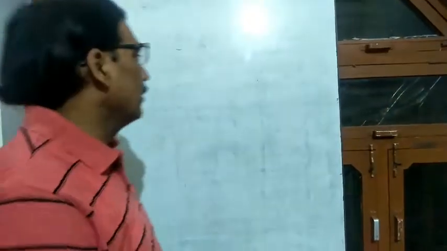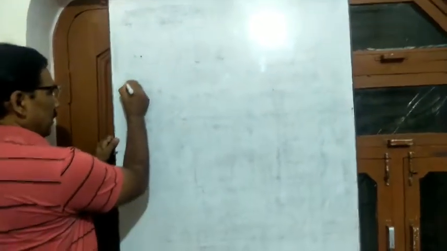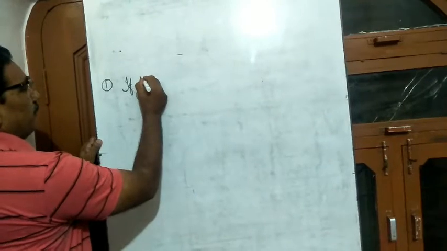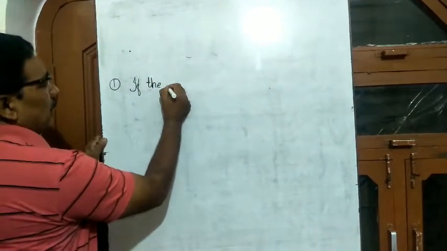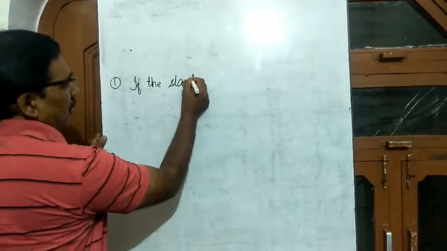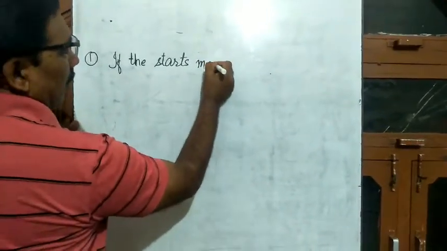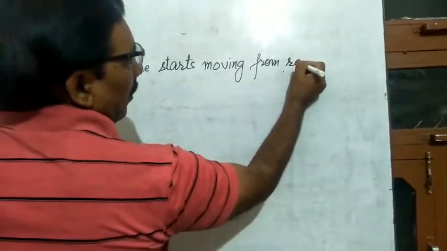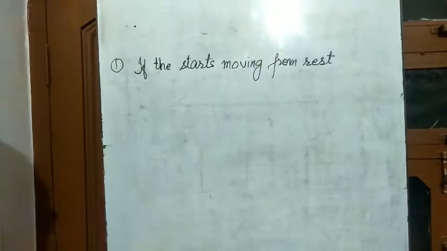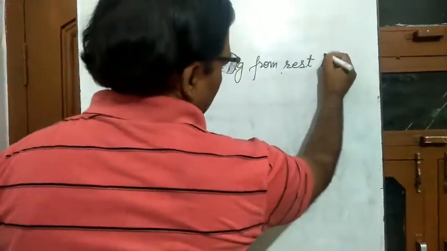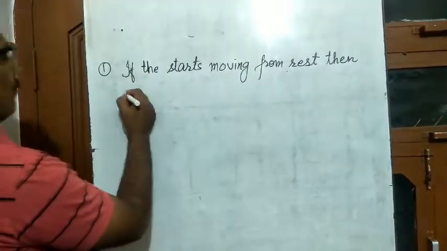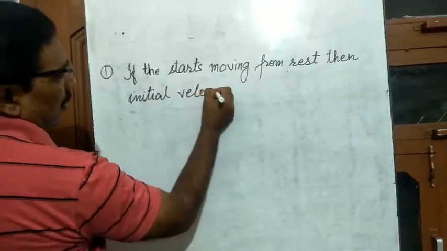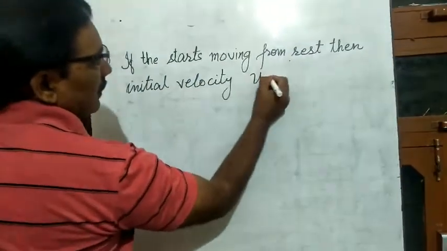Number one: if the body starts moving from rest, then initial velocity u is equal to 0.